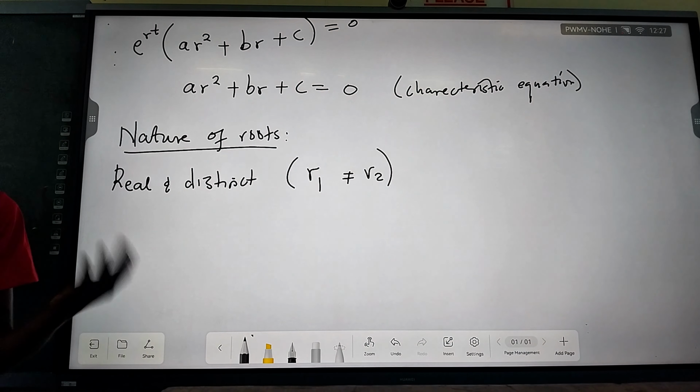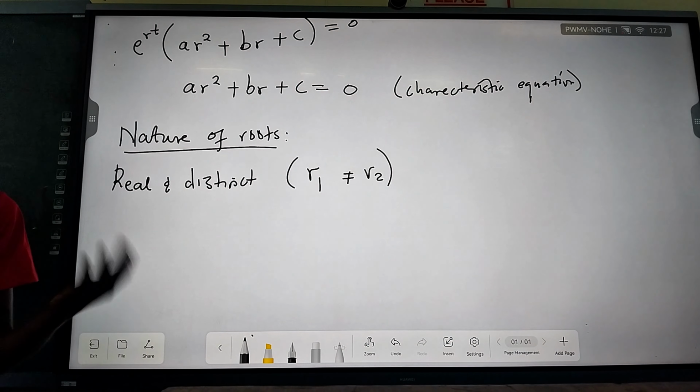Distinct means different, unique. And then you can have them to be double roots. If they are double roots, it means the value of R from the characteristic equation, R1 must be R2. You are getting the same values of R. That's a double root.